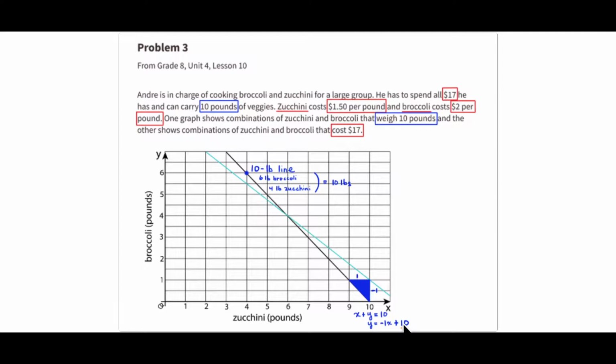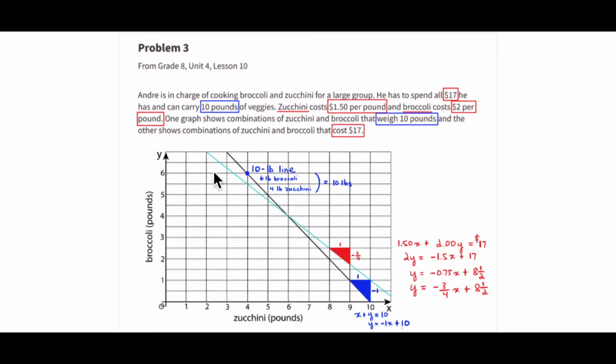So as you add a pound of zucchini, you're going to subtract a pound of broccoli. So notice that the broccoli starts at 10 pounds. If all of the vegetables are just broccoli, that's at 10 pounds. And as you add a pound of zucchini each time, you take away a pound of broccoli.